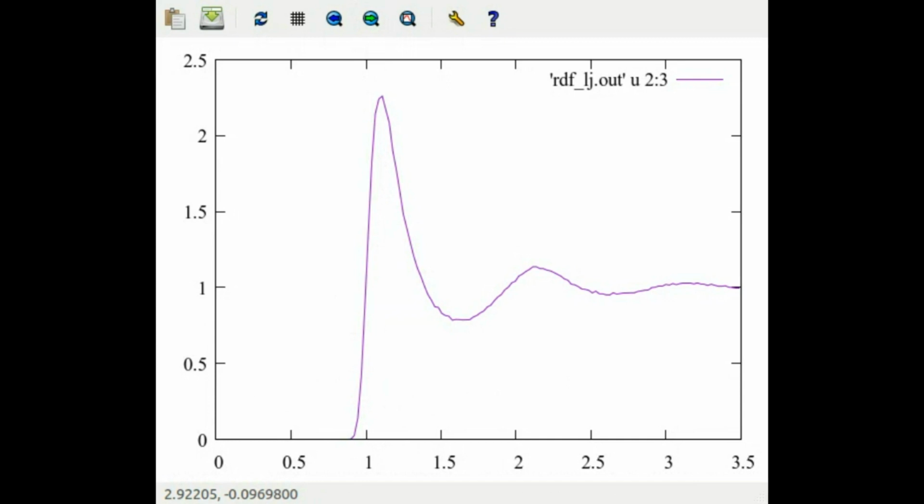But those are very random. Eventually, this averages out to 1, because if the system were evenly distributed, then overall you'd expect that there is one atom everywhere. And indeed, if this was a completely even system, it would just be a line at 1.